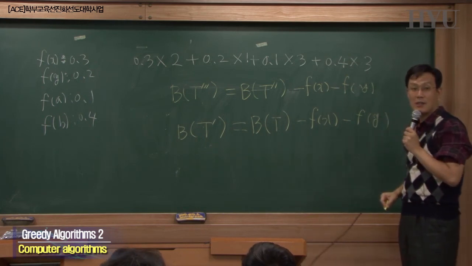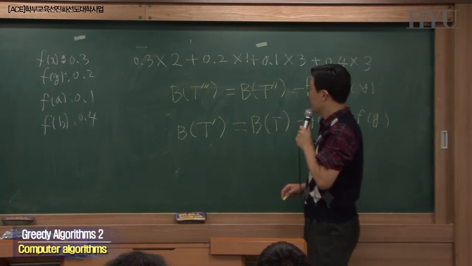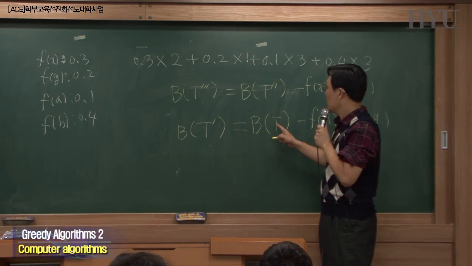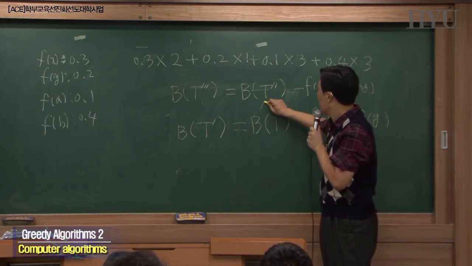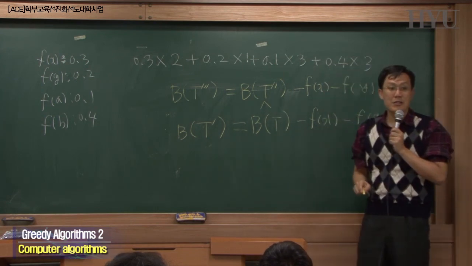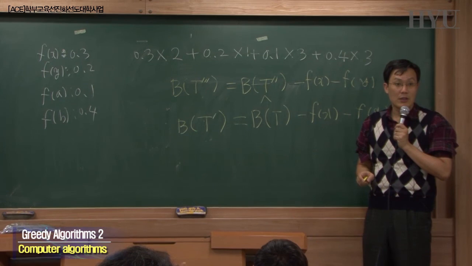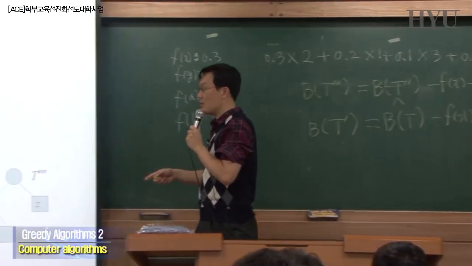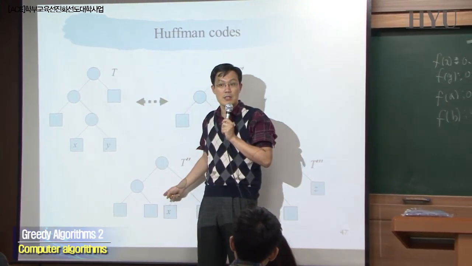Okay? And we assumed that the cost of T double prime is smaller than the cost of T. That was our assumption. This is optimal, and this is not optimal. So the cost of this is smaller than this.